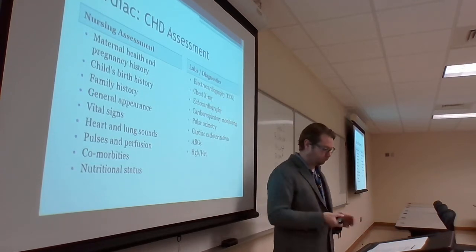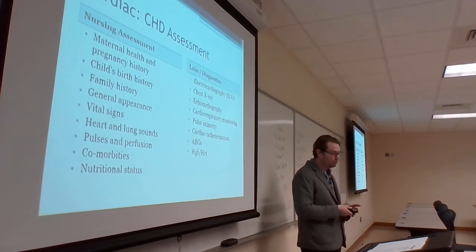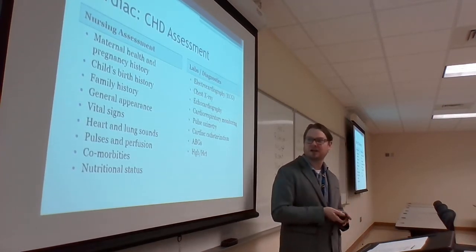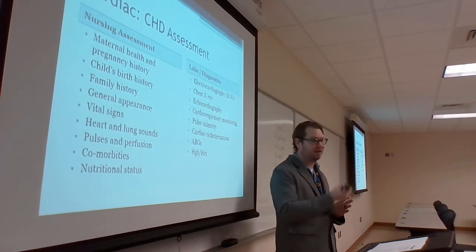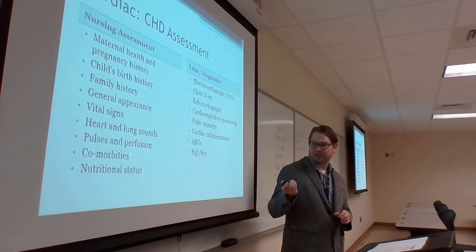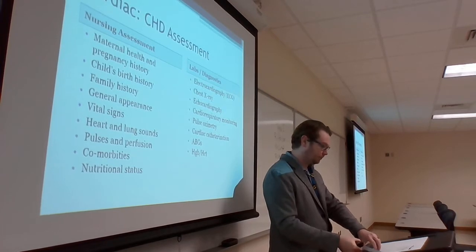Vital signs, tachypnea, tachycardia can be signs of cardiac issues, oxygenation status, of course. Heart and lung sounds, what are we listening for? Murmur, adventitious lung sounds, perfect. Pulses and perfusion, comorbidities, and nutritional status.